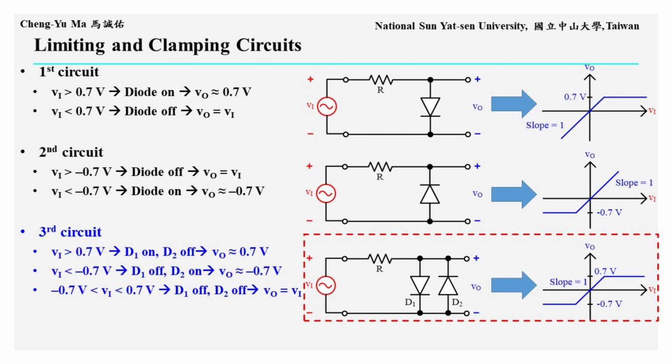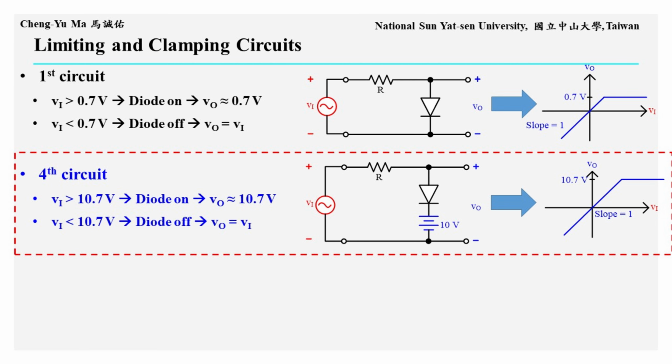Therefore, VO is approximately negative 0.7 volts. When Vi is between negative 0.7 volts and positive 0.7 volts, neither D1 nor D2 is forward biased, so both diodes are open circuits and VO equals Vi. From the transfer characteristic, both the positive and negative signal voltages are limited to within plus or minus 0.7 volts.